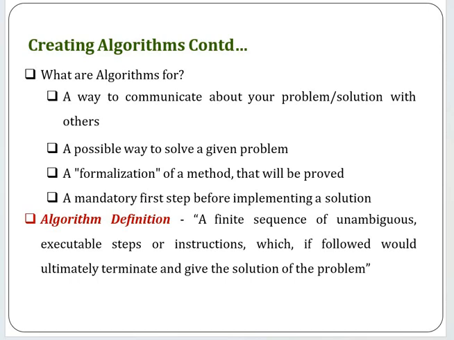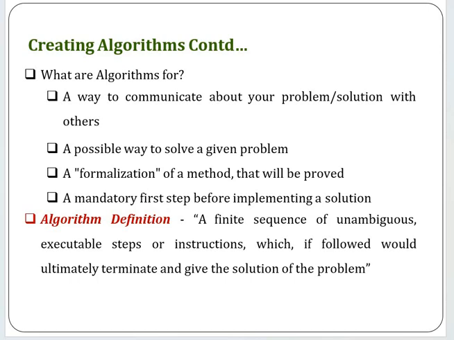So algorithms are the heart and soul of computer science, right? They are essentially a step-by-step blueprint for solving a problem. Think of them as a recipe, but instead of cooking a meal, they produce a desired output from a given input. Okay.